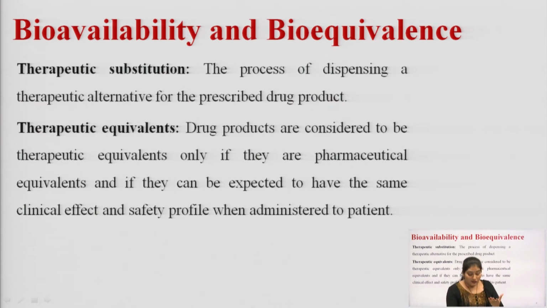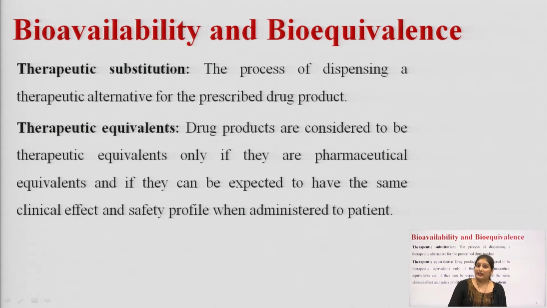And the influence of the route of administration on drug bioavailability is also there. So, depending on the route of administration, we can achieve different degrees of bioavailability. For example, if we go for parenteral administration, oral, rectal or topical, we will get 100% bioavailability in case of parenteral. Why?